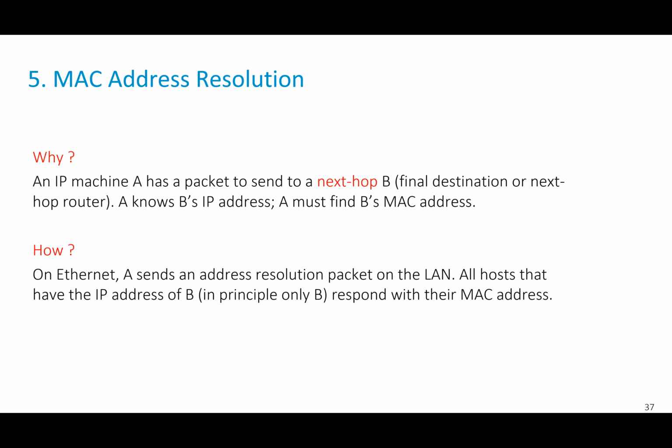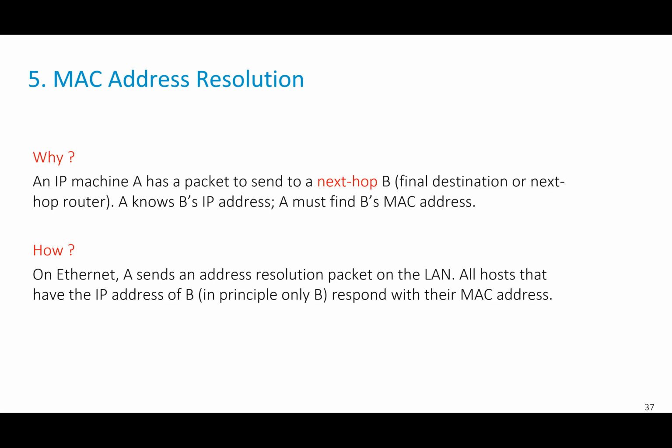So we are in the case where a machine A has to send to what is called by IP the next hop. In order to do that, we must use the MAC layer. The MAC layer uses addresses, so we need to know the MAC address of the next hop, which is not information that's available at the IP layer.